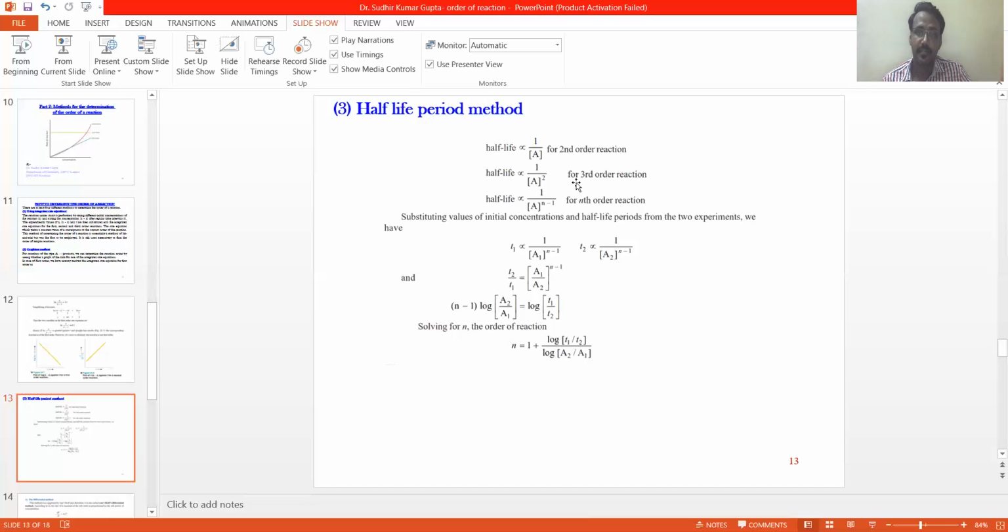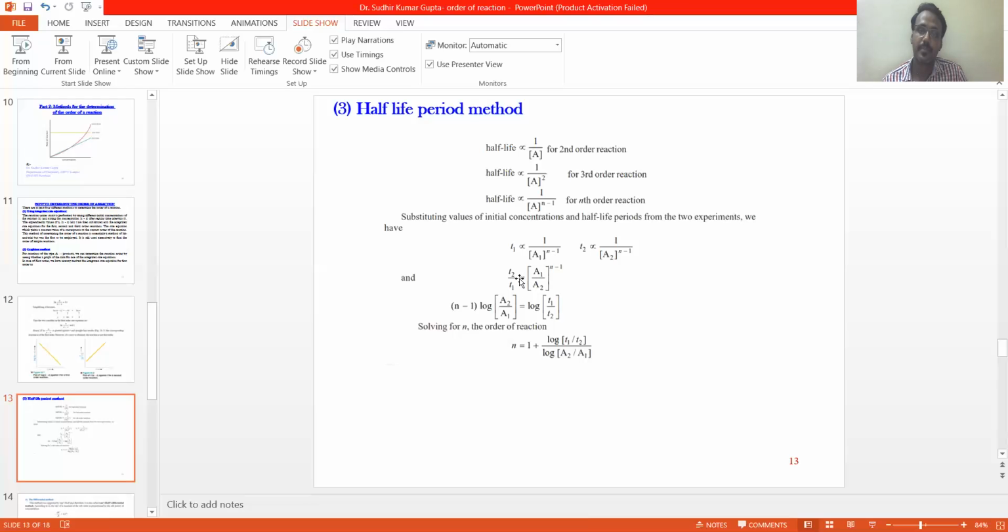And from the general equation, we have already seen in the previous class that half-life is proportional to 1 upon a to the power of n minus 1. So for different reactions, suppose we have half-life times T1 and T2, then T2 by T1 will be equal to A1 upon A2 raised to the power of n minus 1.